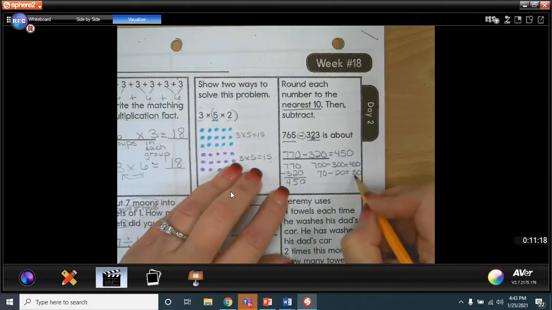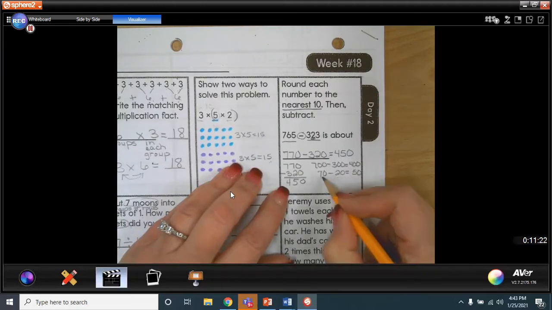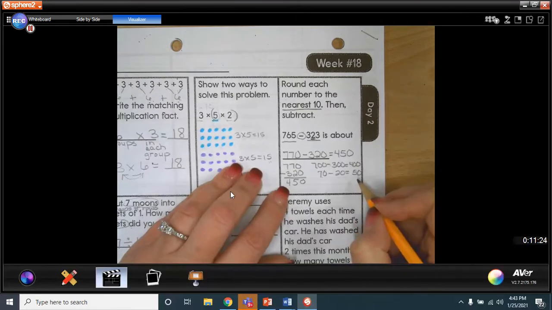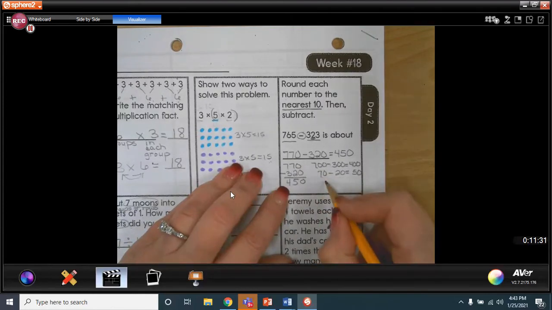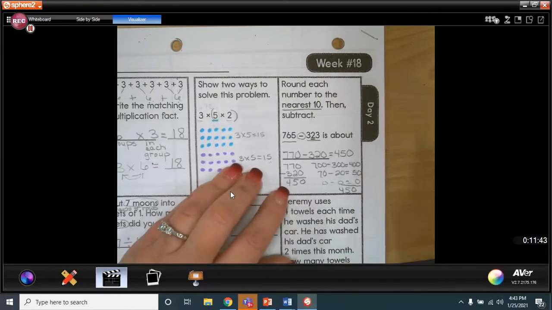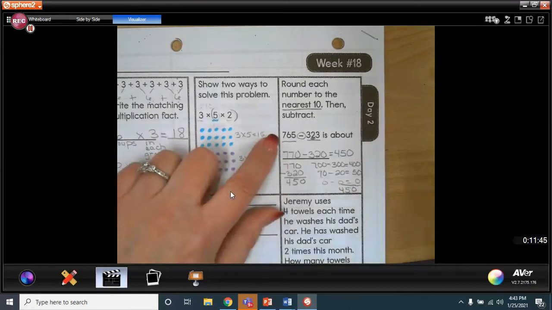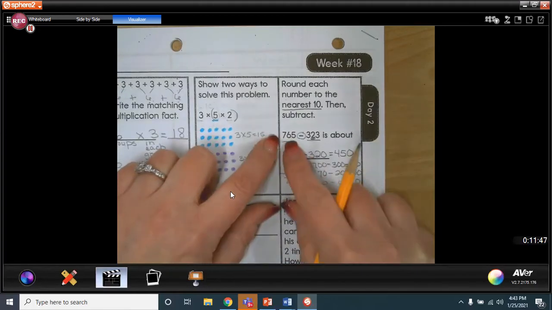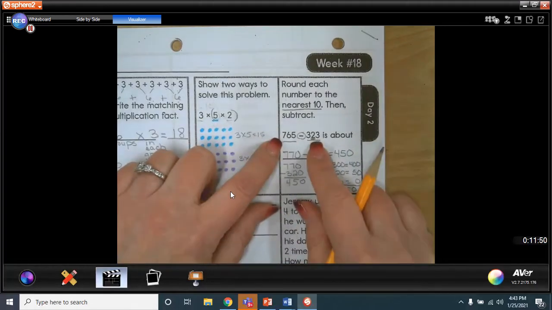Well, 50 plus 10 would be 60, plus another 10 would give me 70. So yes, our subtraction works out when we check it using addition backwards. And then finally, we don't have any ones. So when we put our 400 and our 50 back together, we get 450.